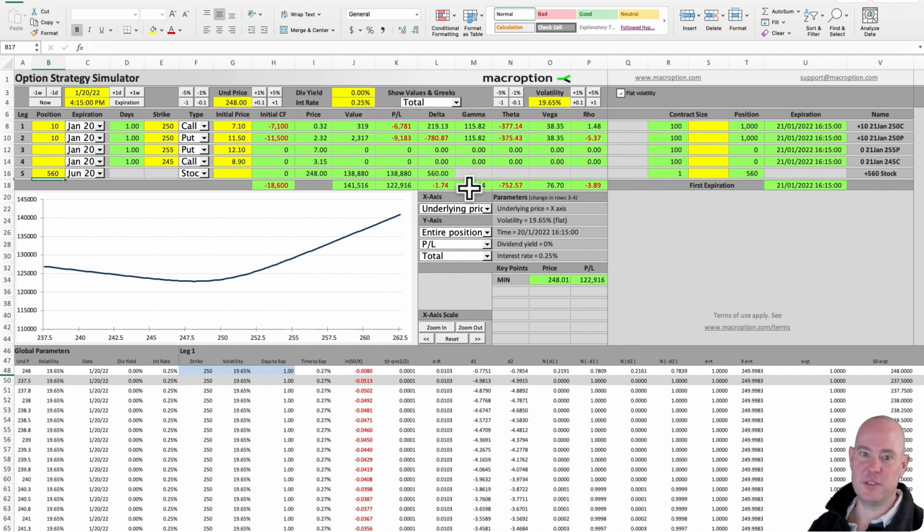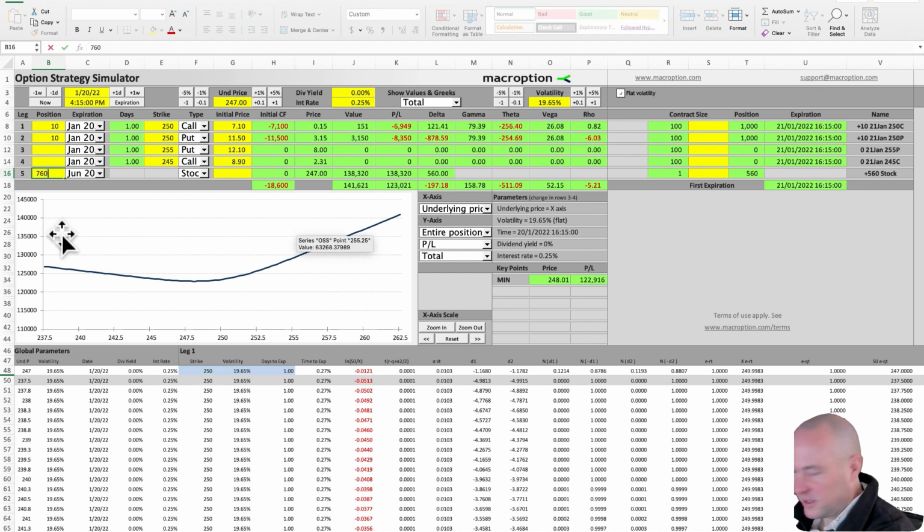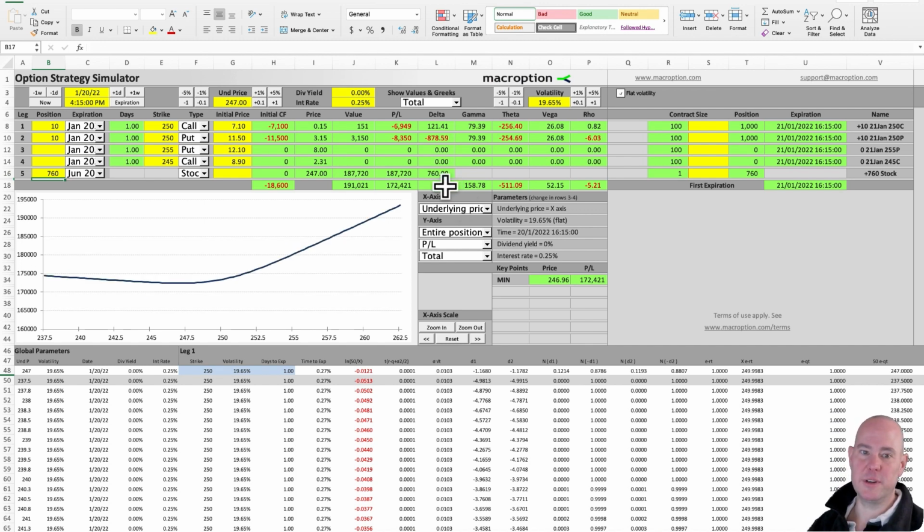Again, my gamma is still positive, but I have to subtract it. So I'm going to go down to roughly a minus 200 delta, which means I have to buy 200 more shares. So the market's dropping, I'm buying more and more. 760, again, taking me back to roughly delta neutral.